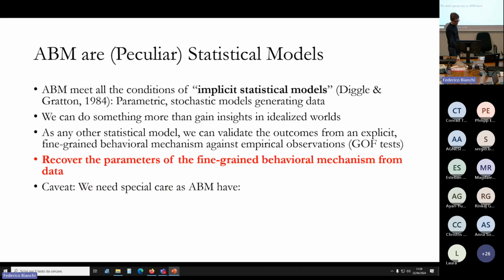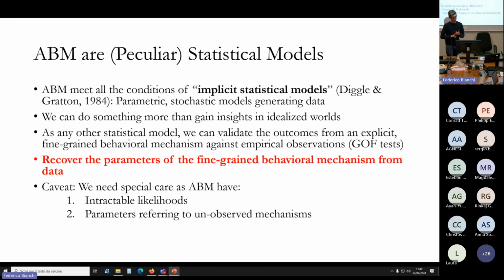And to give you some perspective, we will need some special care, okay? Because in agent-based models, we typically have three issues that render them a beast in terms of typical statistical procedures. We have intractable likelihoods, and very often we cannot even write down the functional form of the likelihood.